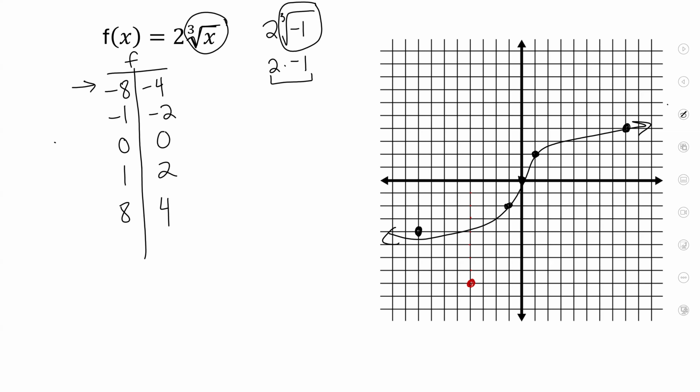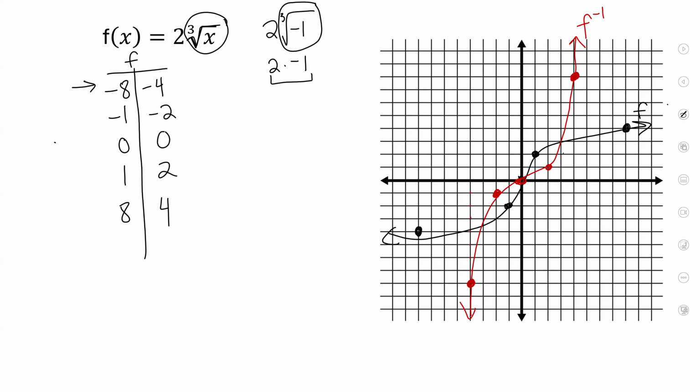Right here, -2, -1, 0, 0, 2, 1, 4, 8. All right, guys, that's what your inverse graph should look like. This one's your inverse, and this one is the original.